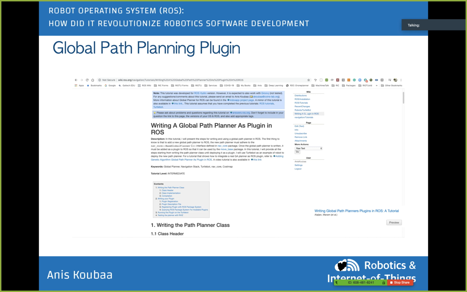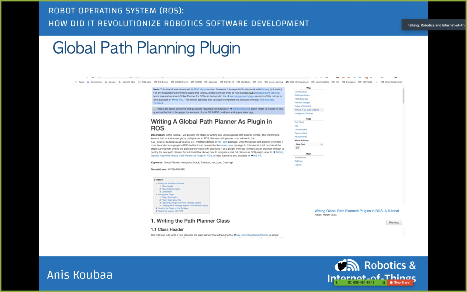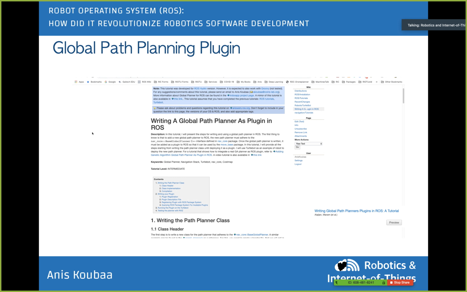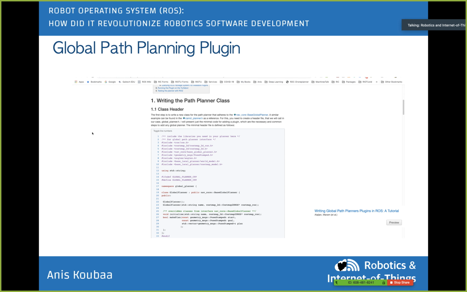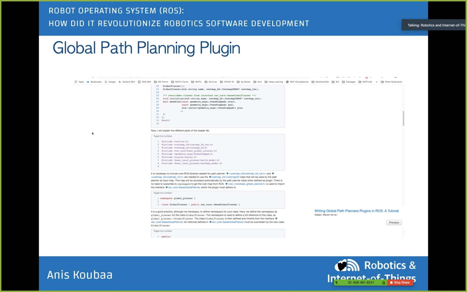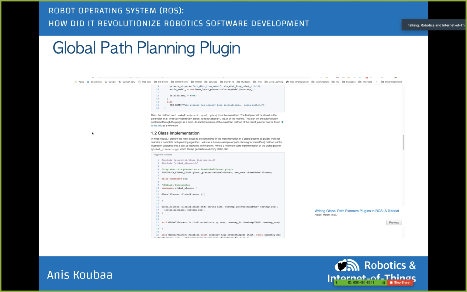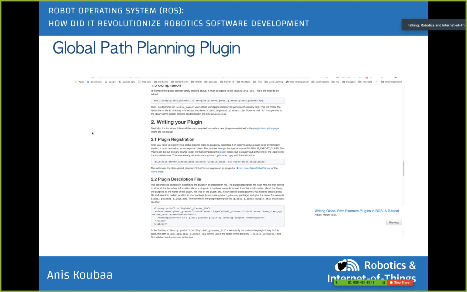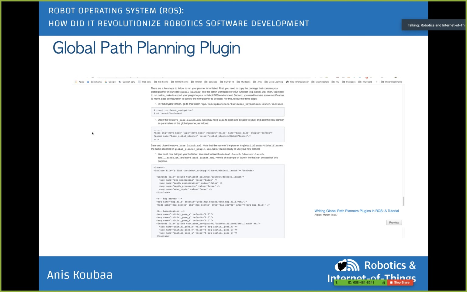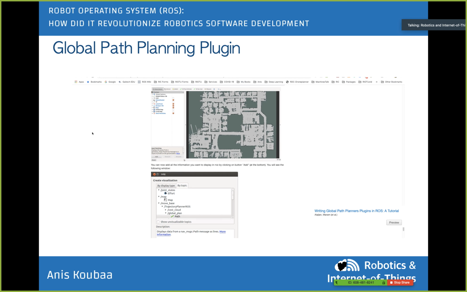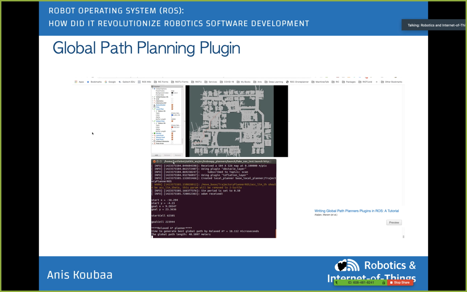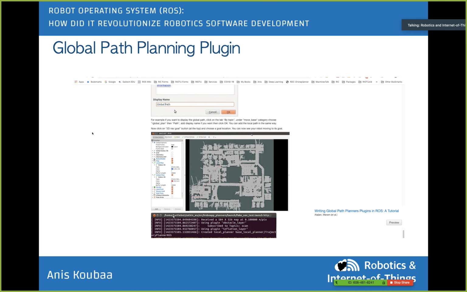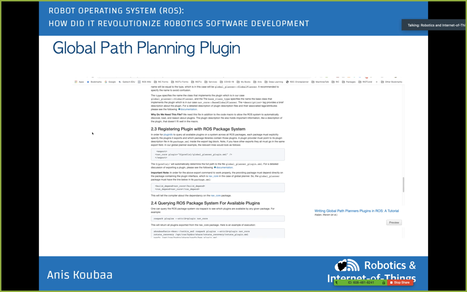Okay, so I have also developed a unique tutorial about how to write a global path planner for ROS. This was one of the most difficult contributions I have done. It was not easy because writing a plugin for ROS is very complicated, and at that time there was no tutorial that told you how to do this for a path planner.